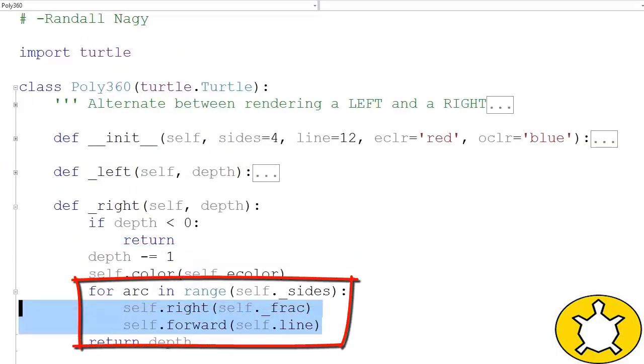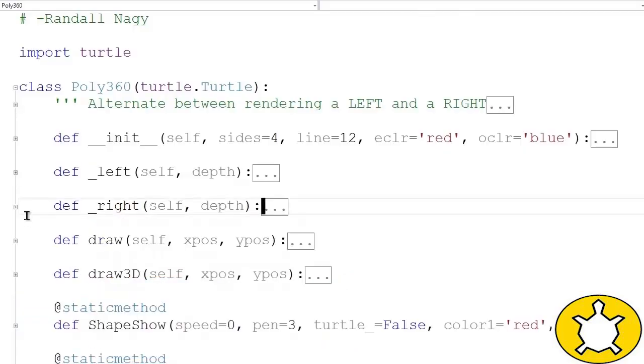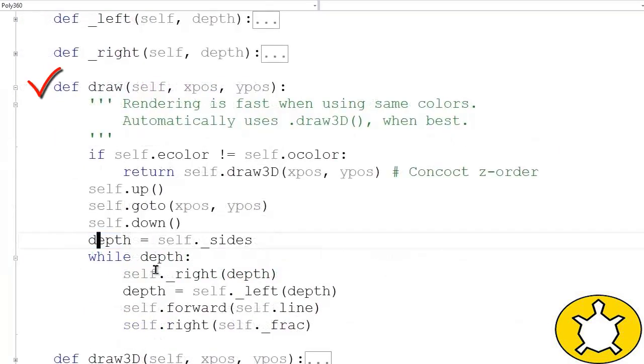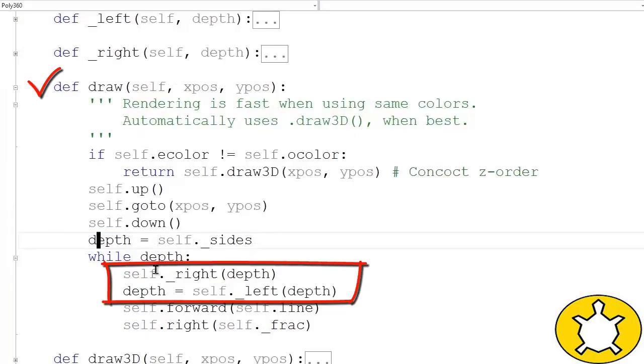And of course the shape could wind up looking a lot nicer if we chose to draw the left in one color or an odd color and the right in an even color. Because colorization can look a little odd when we're drawing over the same shape many times, whenever our colors are the same, we can go ahead and draw what I call a fast shape, where we draw left and right over each other.